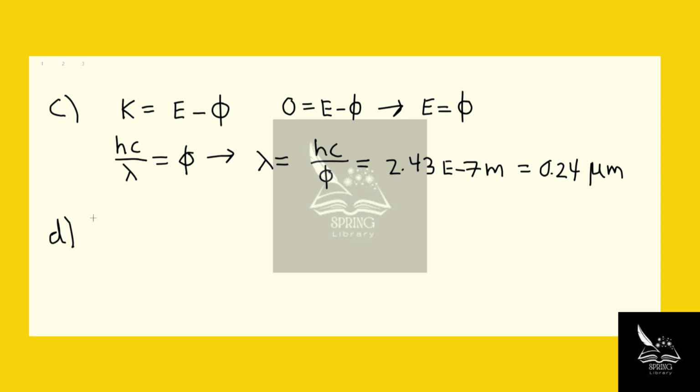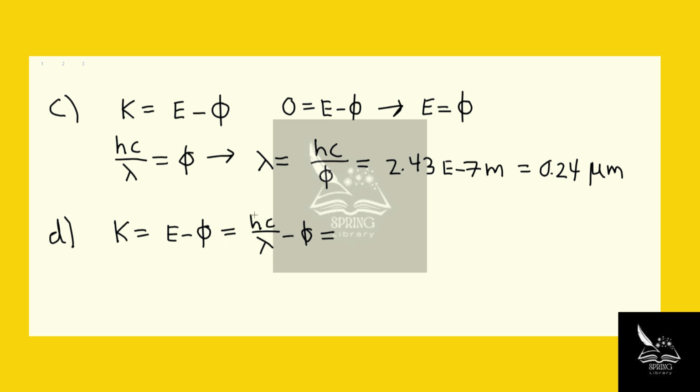Now, last thing we were asked to do is look at sodium: what the kinetic energy of photoelectrons for sodium would be if we shined light with this wavelength, the 0.24 micrometers, what we found for gold. What would the kinetic energy for sodium be? Use K equals E minus phi, which is equal to hc over lambda, of course, minus phi.